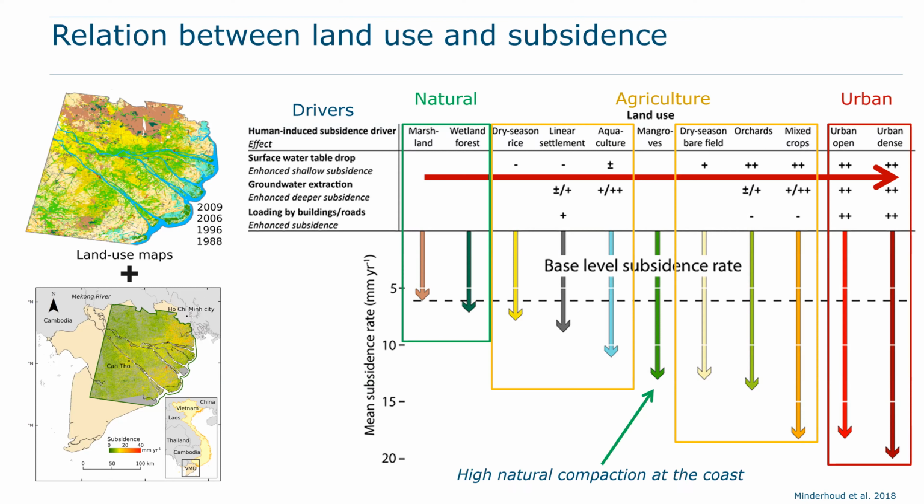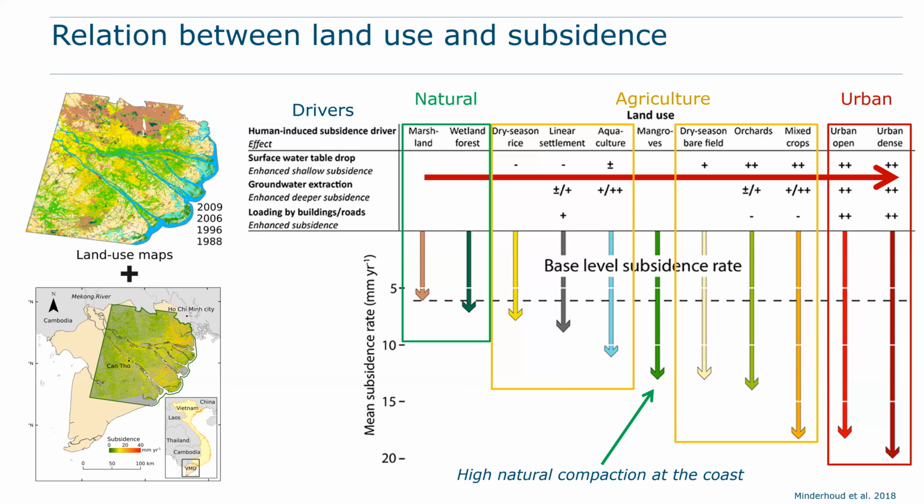These are the mangroves at the coastline, and that is what explains their relatively high land subsidence rates, what we saw in the previous slide, because they are sitting on these young deposits, so they experience a lot of this natural compaction. So we can actually explain this very well. So we see this increase with increasing human impact in the system.